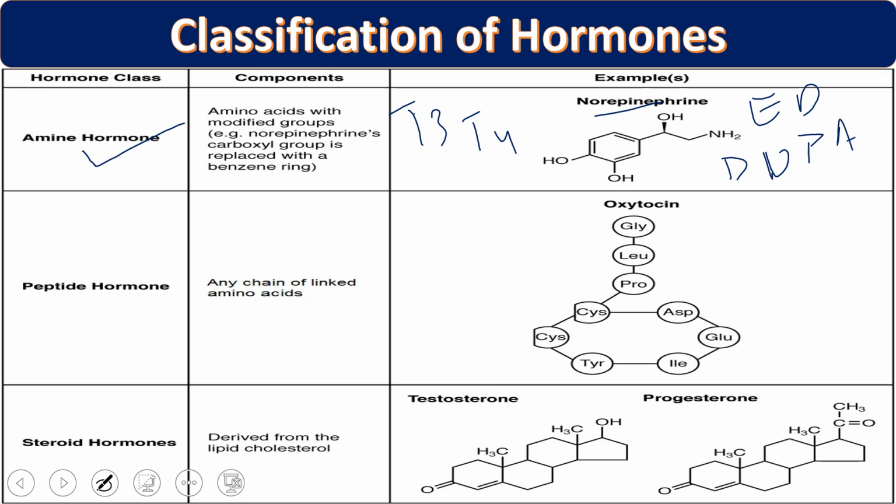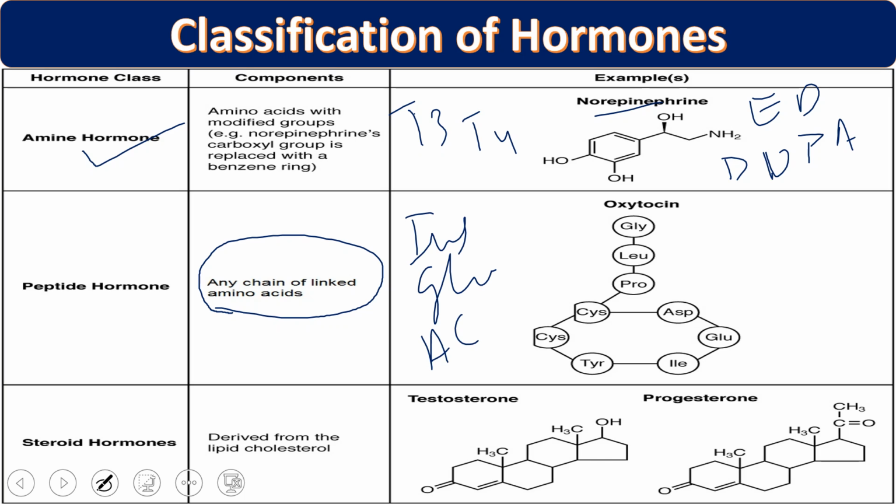These are the amine hormones. The second hormones we have seen are peptide hormones. Any polypeptide chains which work as hormones are called peptide hormones, like oxytocin, insulin, glucagon, ACTH, and a number of other hormones. Then the third category is steroid hormones. They normally come from cholesterol, like testosterone, progesterone, mineralocorticoids, glucocorticoids, and cortisol. These are steroidal hormones.